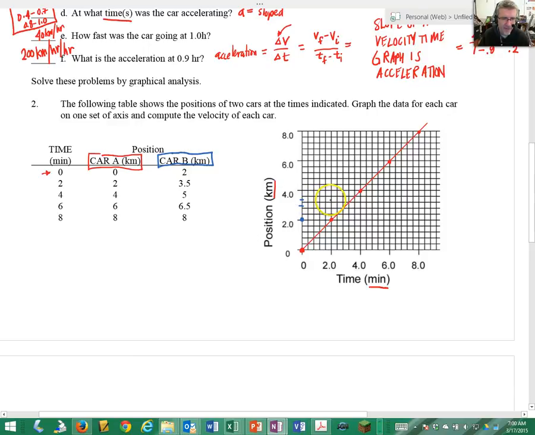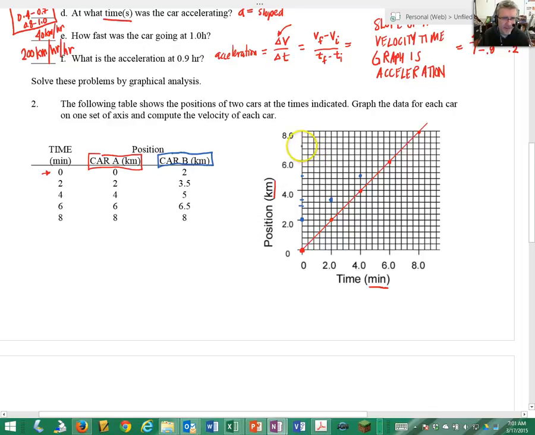So I'm thinking this is where we're at. 3.5. At 4 minutes, we're at 5. So this is 4. Right in the middle is 5. So right here. At 6, we're at 6.5.